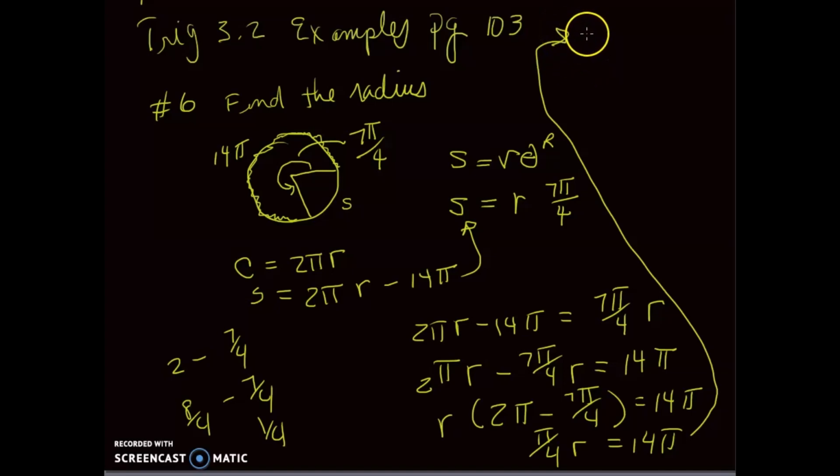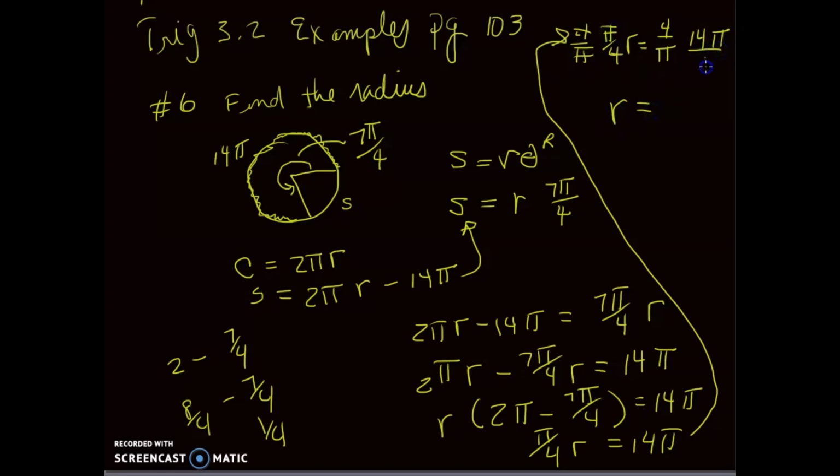If we multiply both sides by 4 over pi times the pi over 4 r, and we take the 4 over pi times the 14 pi, then these cancel, of course, to give you just r on the left.